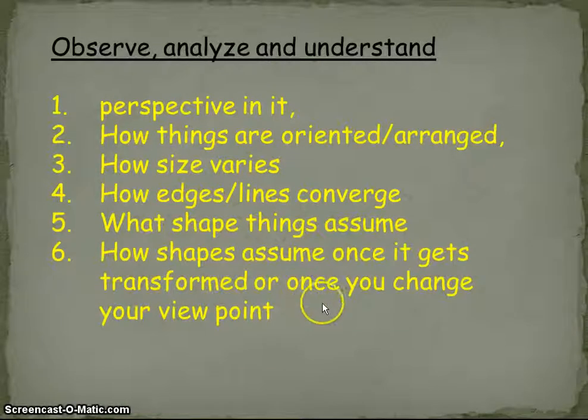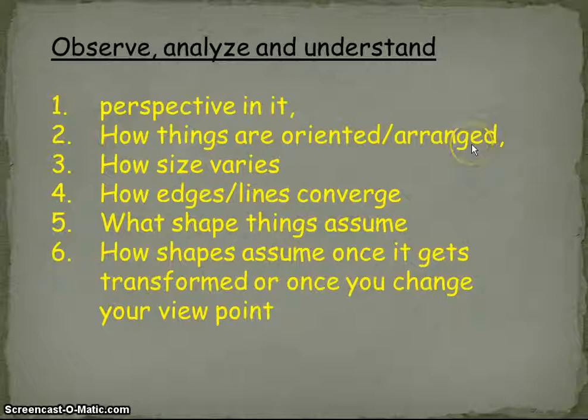In this step you will be analyzing and understanding the perspective in every line, how things are oriented or arranged, how lines converge, and what shape things assume after moving.